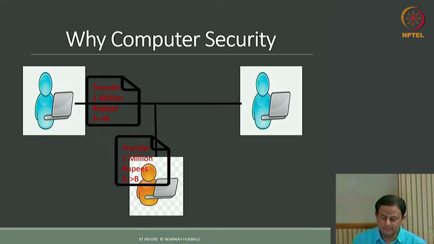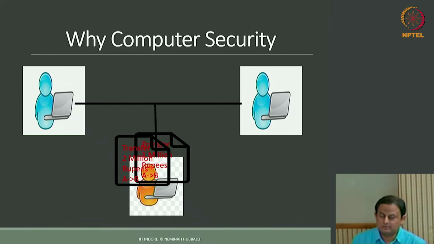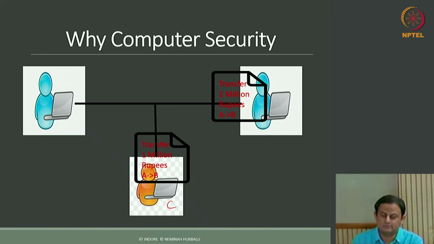A simple thing could be, if A transfers a file or a transaction of 1 million rupees to B, instead of going to user B, it can come to an intermediary, which we call C. And what C can do is transfer another file, which is with him or her, to B, as if the file has come from A. If user B does not know that C has transferred his file in the name of A, then he might think that 2 million rupees have been transferred from A to B. So this is not a valid transaction.